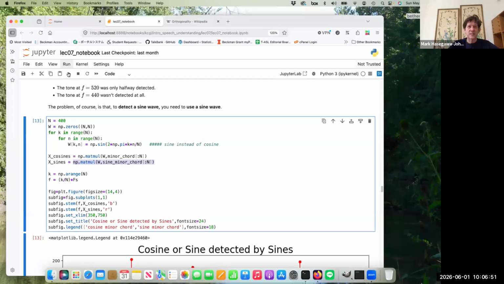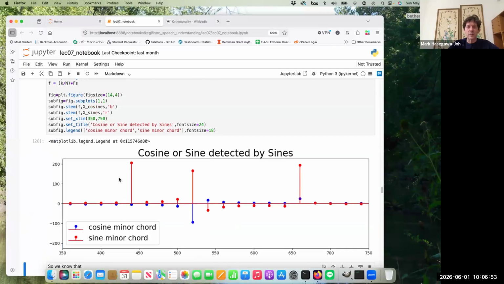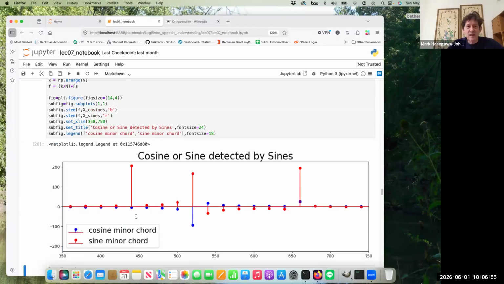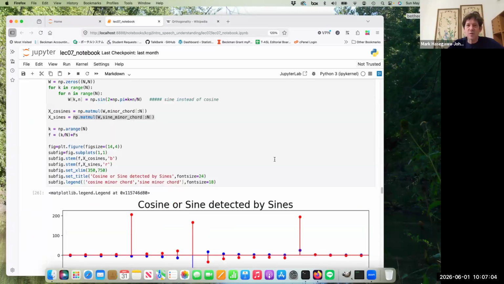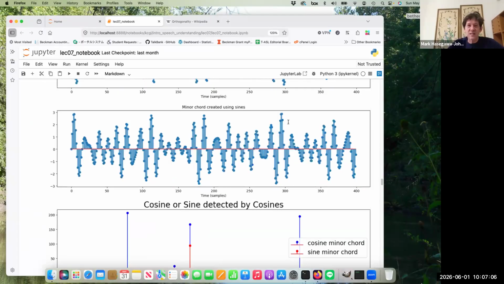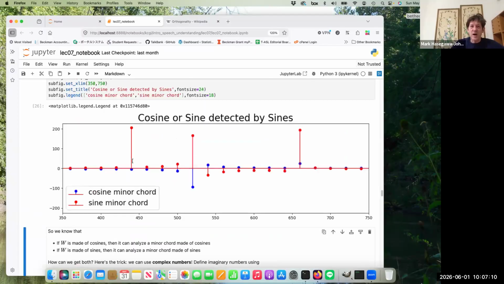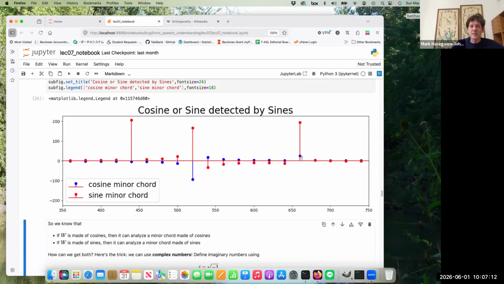But if we multiply it times a sine chord, then it will work. So now we have this W matrix using sine waves, and now it's working just fine for the chord created using sines, but not by the W matrix using cosines.